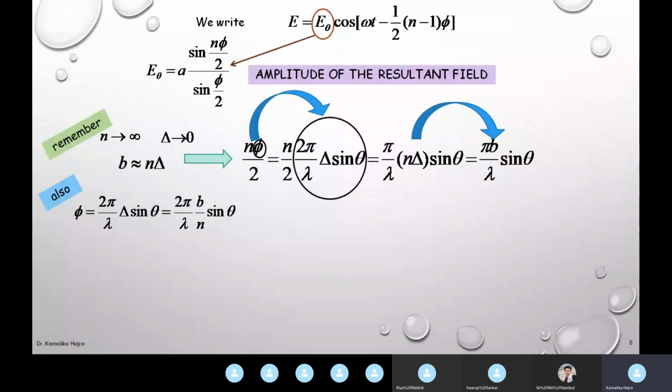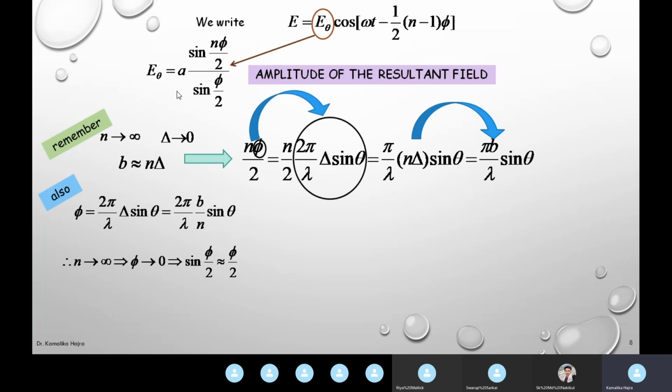Also, phi is equal to 2 pi by lambda delta sine theta, and this delta we can write as b by n, so that when n tends to infinity, phi tends to 0. So we can write sine phi by 2 as just phi by 2.